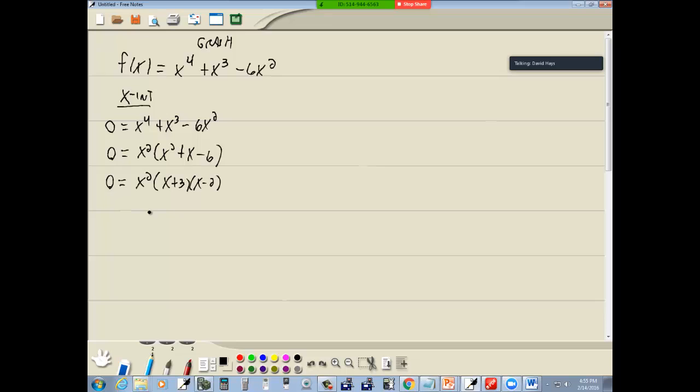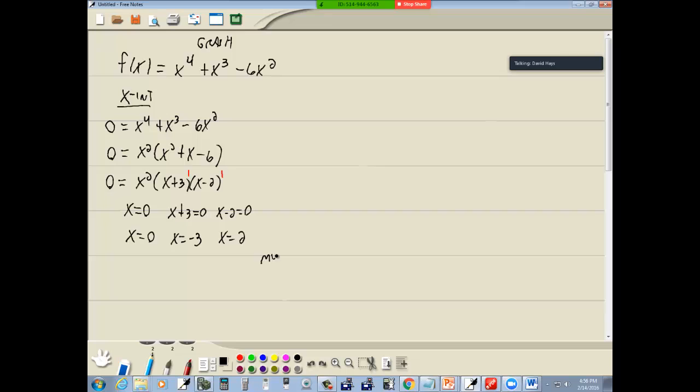Now the zero factor property says you get 0 on one side, you factor the other side, you set each factor equal to 0. So I'll set x squared equal to 0, I'll set x plus 3 equal to 0, and I'll set x minus 2 equal to 0. So we got 0, negative 3, and positive 2. Now if I were to put powers on these, x plus 3 and x minus 2 are the first power.